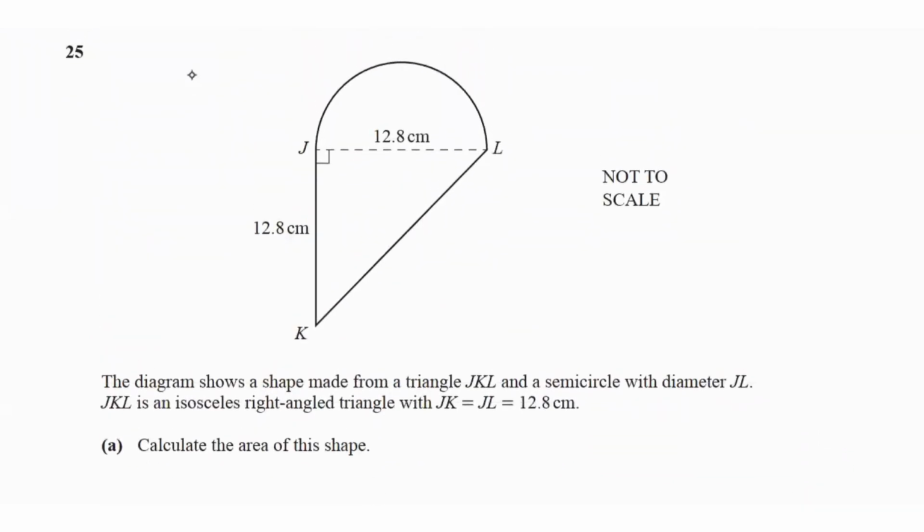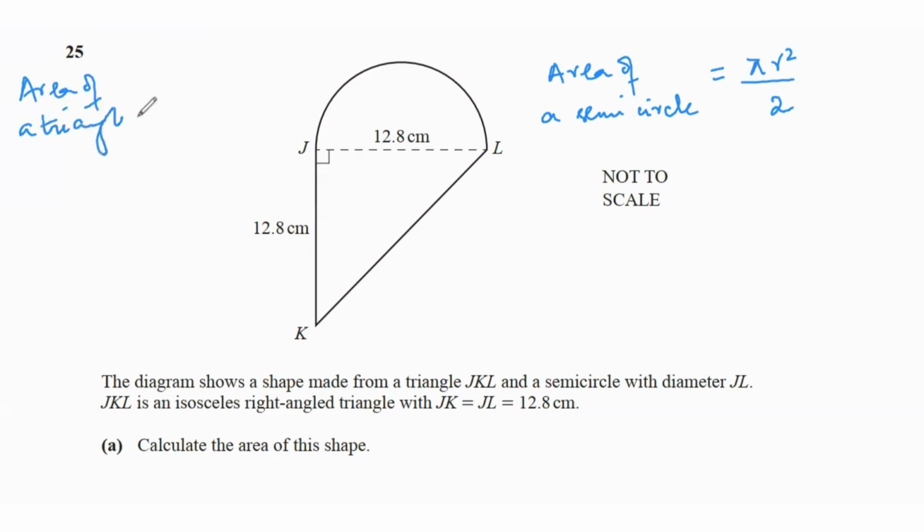So for the area, we need to be familiar with two formulas. Area of a semicircle, which is basically pi r squared over 2. And then we need area of a triangle, 1 over 2 times base times height.